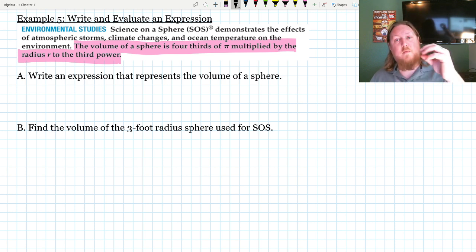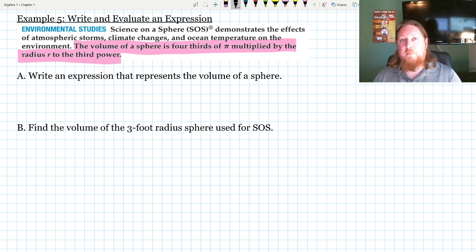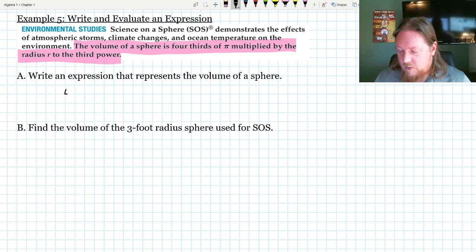And we're going to take the verbal expression, highlighted in pink there, and write it as an algebraic expression. So the volume of a sphere, right? So its volume is 4/3. 4/3, that is a fraction, of pi. Pi being that math symbol, right?